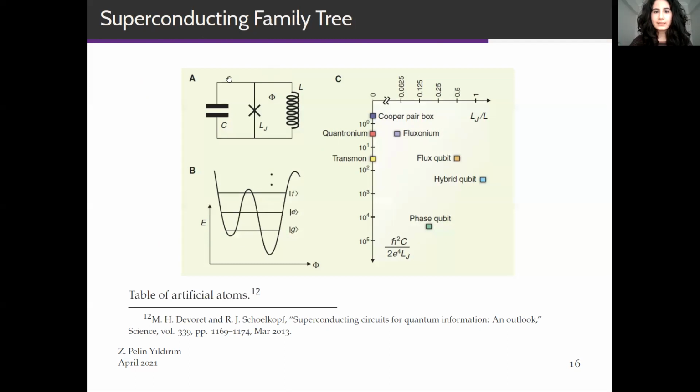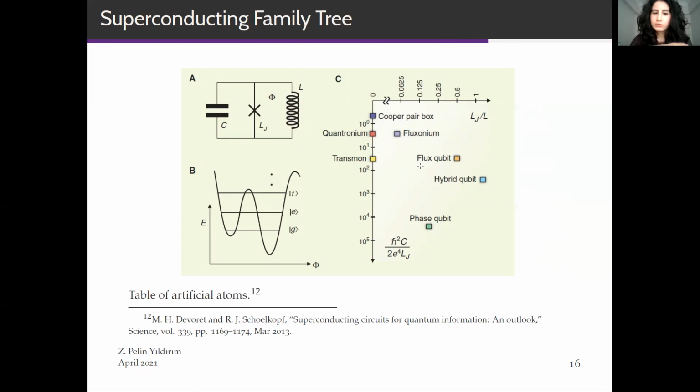Now here we see a general superconducting qubit structure. It has capacitor, it has Josephson junction, and it has inductor. Here we see a classification in terms of the energy ratios among the components.